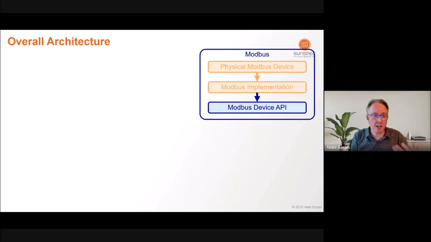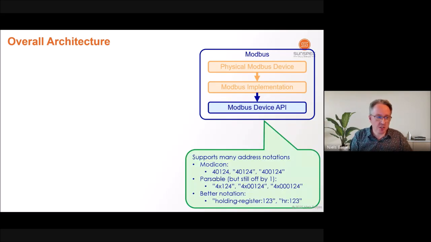Those are treated as a given. And around that, I created a more abstract Modbus device API. And this abstraction supports all kinds of Modbus notations that I've seen, and is really, really simplified to only things like give me those registers.